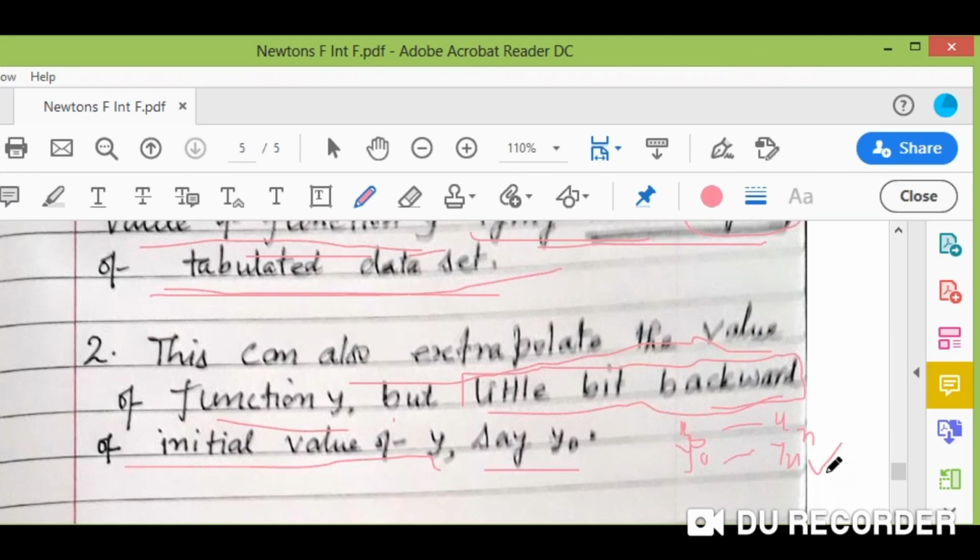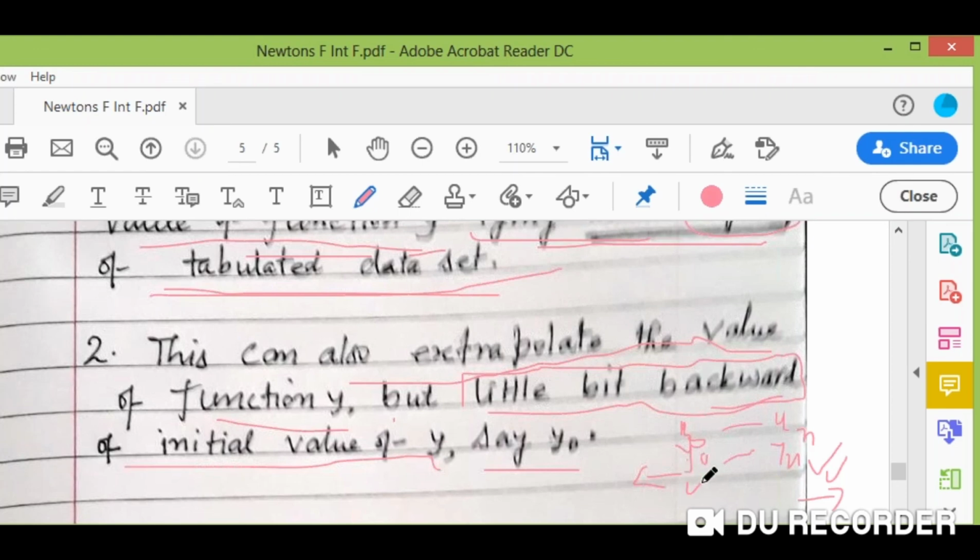Outside is in this direction and also in that direction. But remember, while making the extrapolation by Newton's forward interpolation formula, you can extrapolate only a little bit backward, a little bit left, of the initial value.